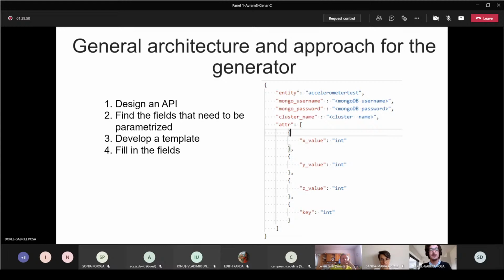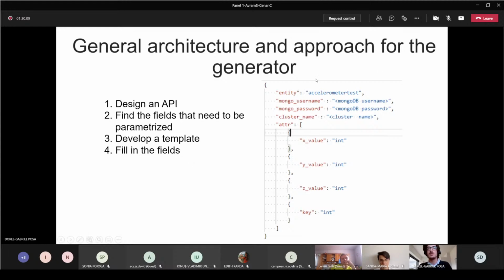Once these fields were found, these were the actual parameters that needed to be passed to the generator. After we have this, we have a template, let's say a very long string that has placeholders in it. After we fill in these fields, we're going to have a functional API.